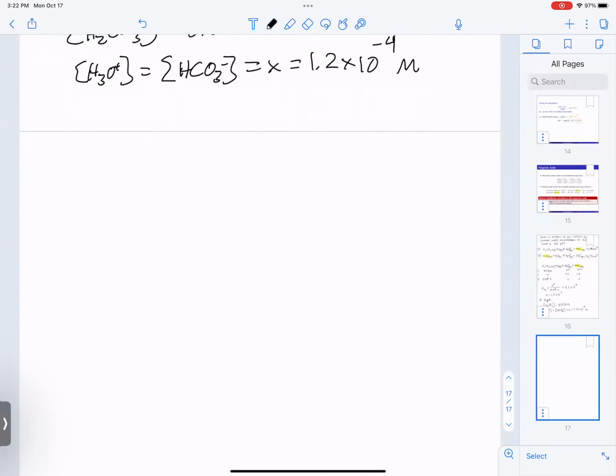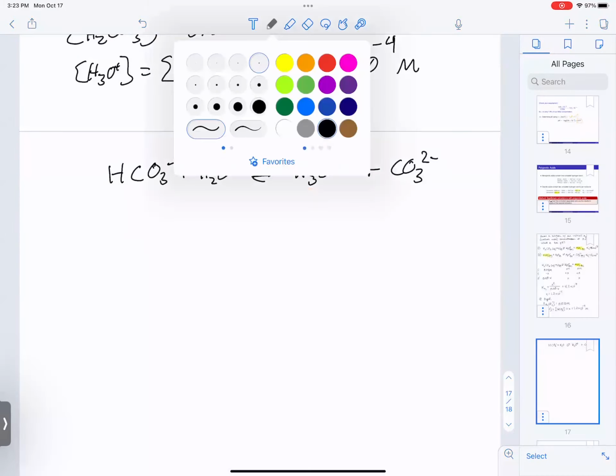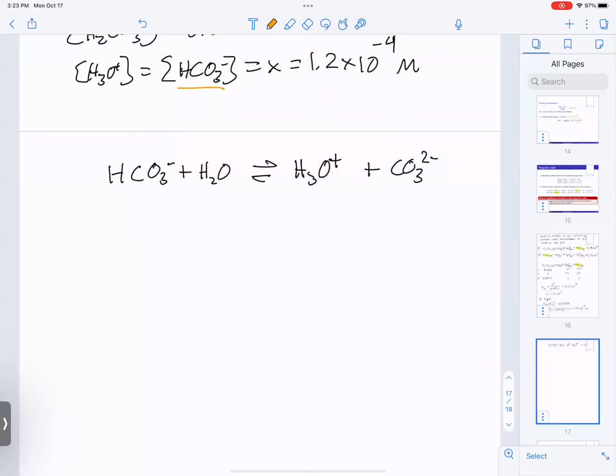All right. So for our second ionization process, I'm just going to write it out again here, because we've got our HCO3 minus plus water, H3O plus, CO3 2 minus. Okay. So we've already said that we know what are going to be the dominant contributors to these concentrations, and we just found those by carrying out these calculations.